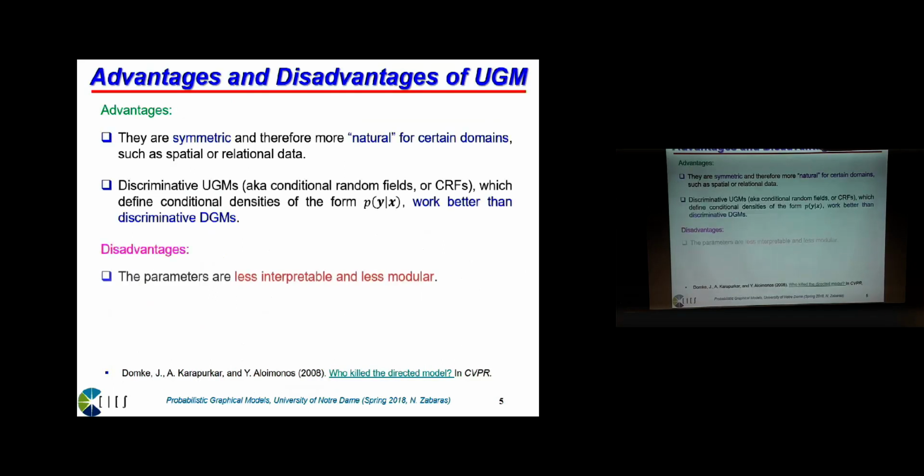So obviously there is merit to working with undirected graphs. A few buzzwords as to advantages and disadvantages. Undirected graphs are symmetric. When you look at the neighbors, there's no orientation, like this is the father, these are the kids, these are the co-parents. Everything around the node is symmetric. In the context of spatial statistics, that's very relevant.